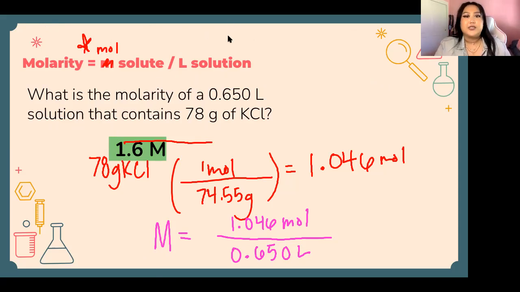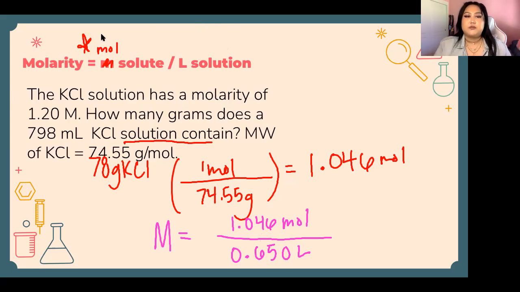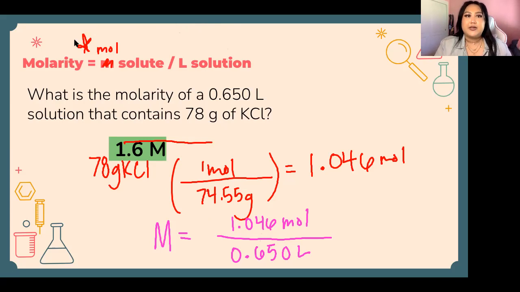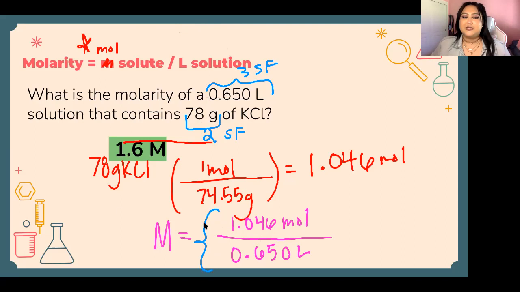It's just remember to apply the sig fig rules. We base it off what's given to us, right? So this is 3 sig figs. However, this is 2, and the only thing that we use is multiplication and division sig fig rules, because there's no addition or subtraction. So we would have to use 2 sig figs. But you got the right answer.